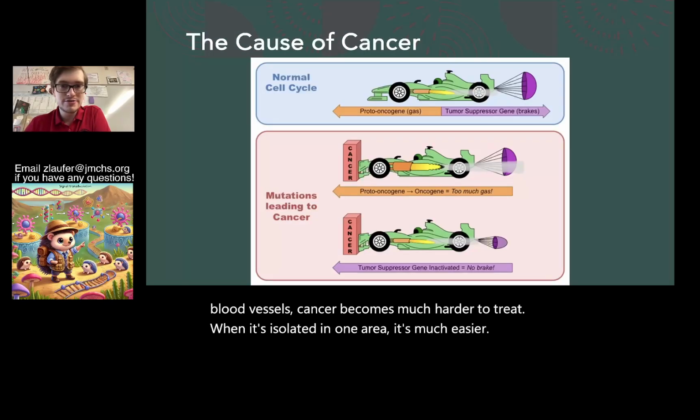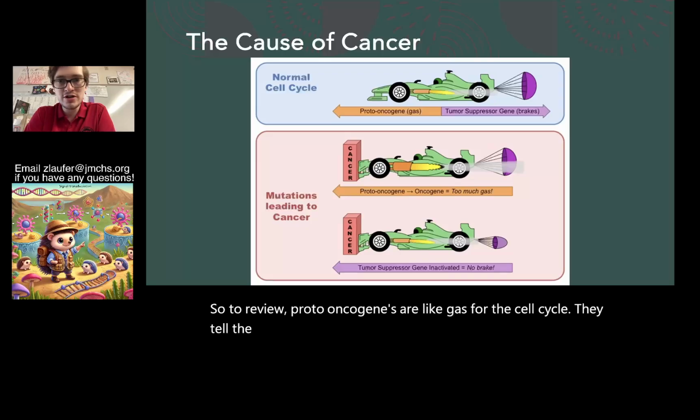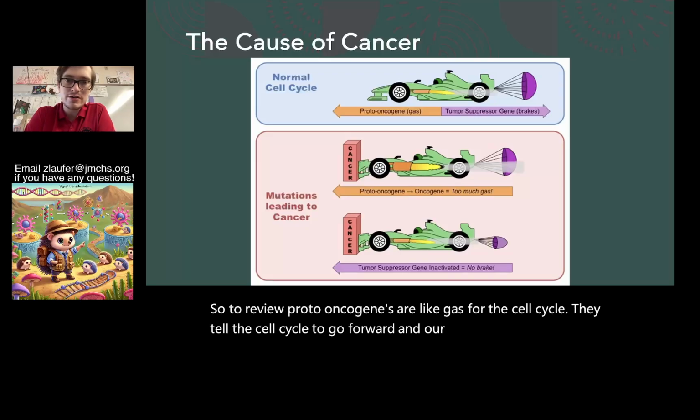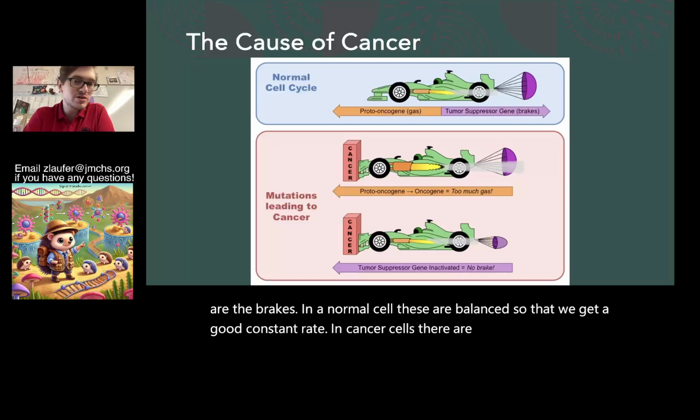So, to review, proto-oncogenes are like gas for the cell cycle. They tell the cell cycle to go forward, and our tumor suppressor genes are the brakes. In a normal cell, these are balanced so that we get a good constant rate. In cancer cells, there are two main types of mutations that can happen.